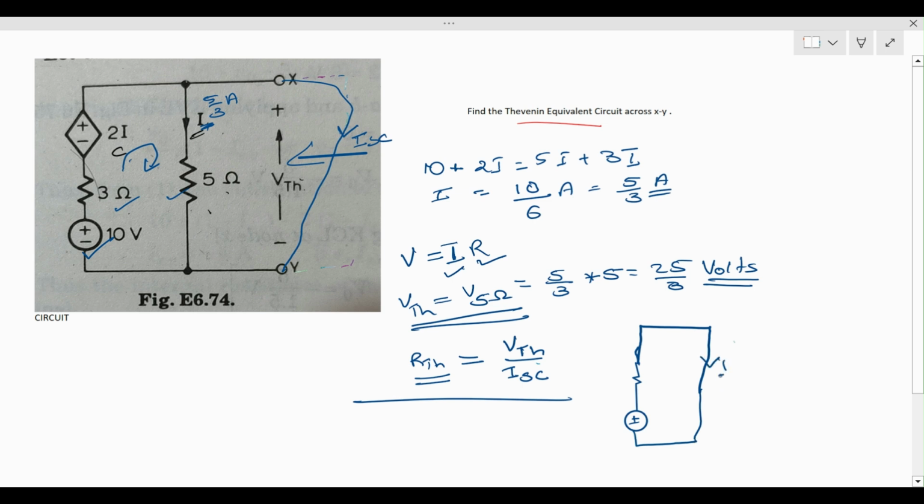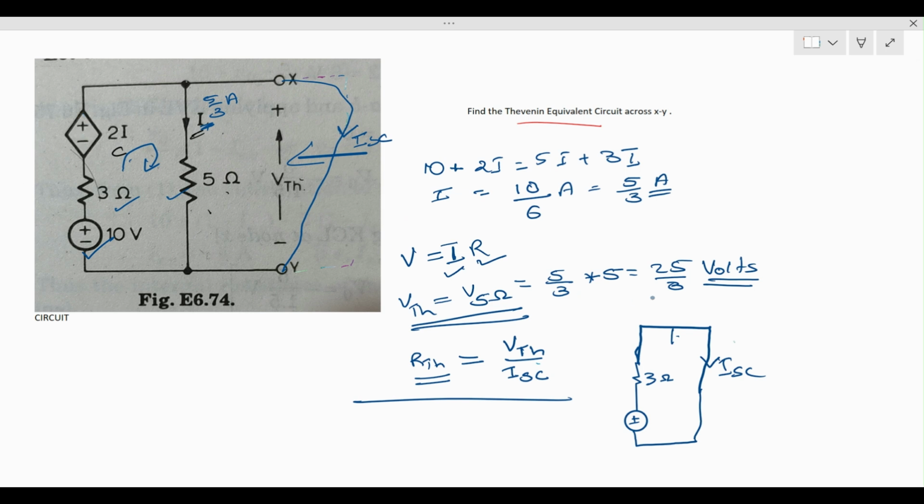This will be ISC, and there is no current through this 5 ohm. So we only have this 3 ohm resistance. Since I is 0, this 2I will also be 0, which means it doesn't provide any voltage source. Both of the terminals are connected, like you can assume.